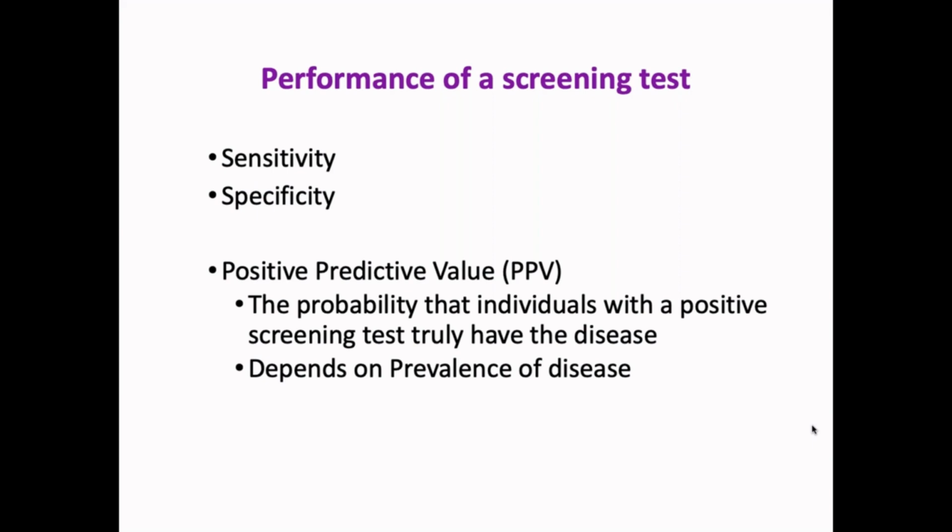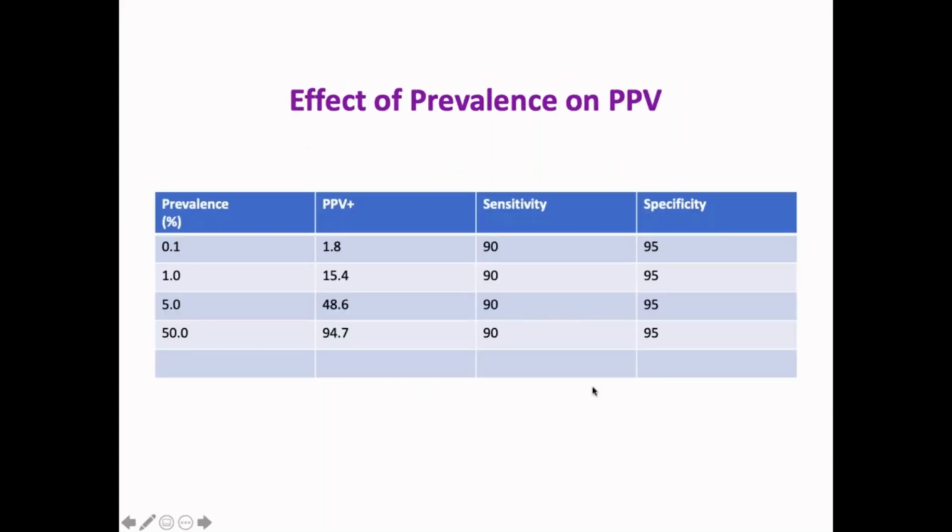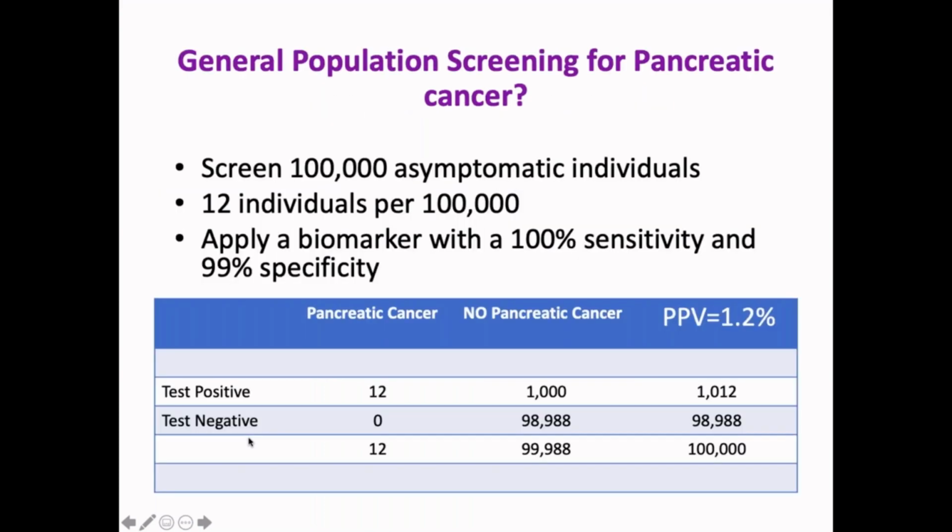And a lot of the positive predictive value depends on the prevalence of disease in the population. So just an example here, if we have a good screening test with sensitivity and specificity as shown here, with a high prevalence in a population, let's say 50%, we see that the positive predictive value is very high, and it trickles down as the prevalence of disease in the population decreases.